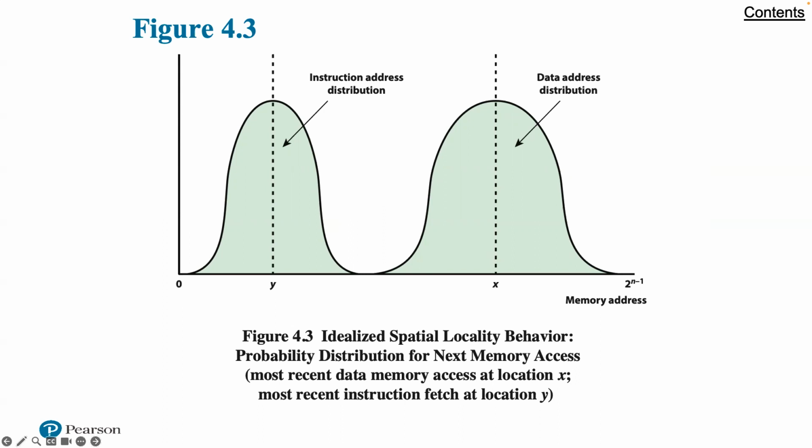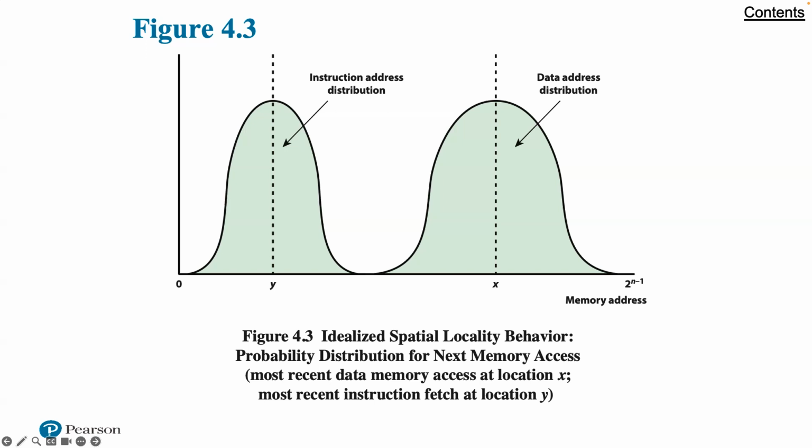Many programs exhibit both temporal and spatial locality for instruction and data access. It has been found that data access patterns generally show a greater variance than instruction patterns. So figure 4.3 suggests the distinction between the distribution of data accesses, read and write that is, and instruction fetch addresses.